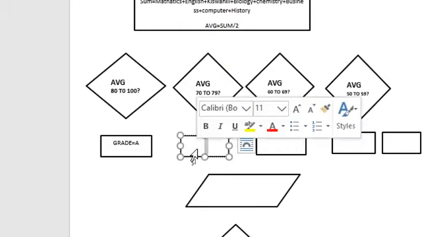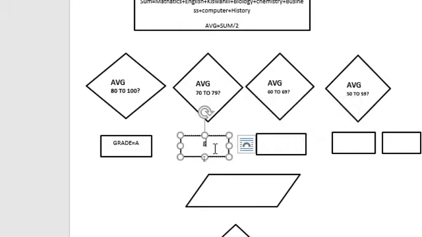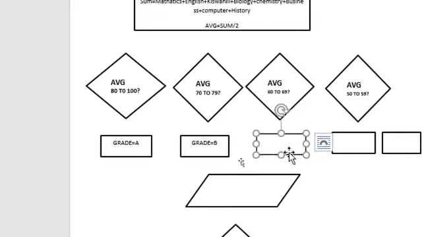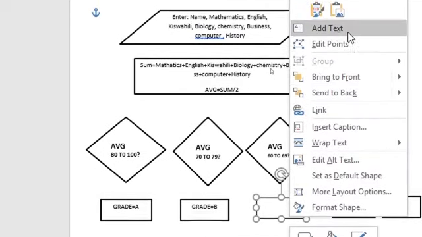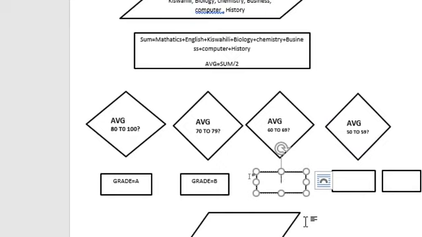Therefore grade up to this point, grade equals to B. We right click, add text, grade equals to C.